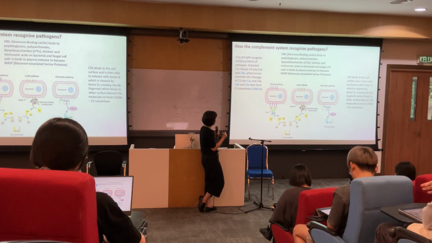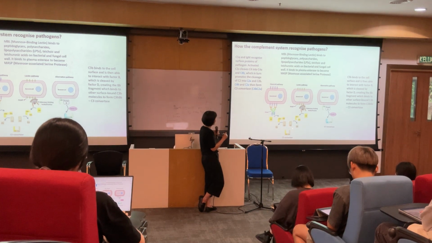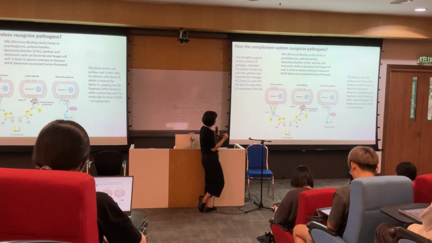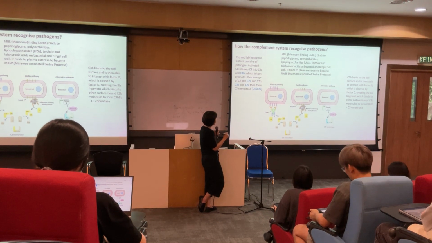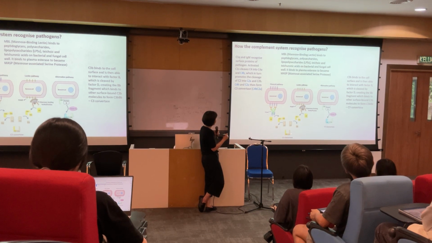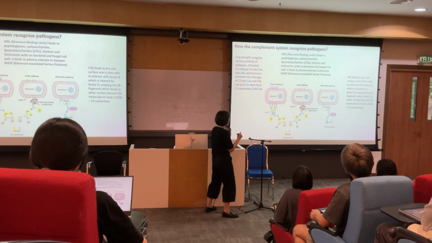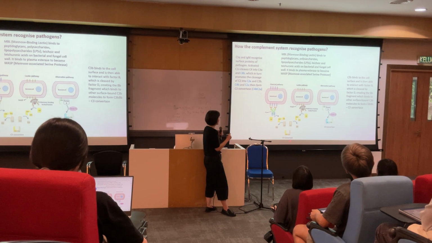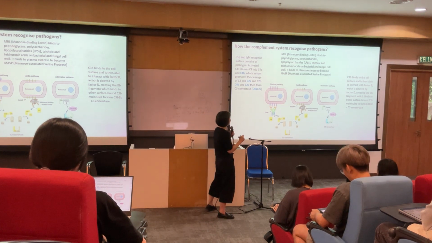And C4b, similar to before, cleaves C2 into C2a and C2b. Then C4b and C2a combine and become a C3 convertase. This is the ultimate product they need to produce. Same as here, C3 convertase is the ultimate product.